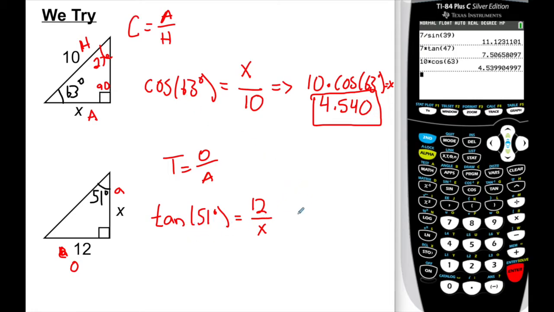So now I'm going to solve. My first step will be to multiply both sides by what? By x. So that cancels. The x comes over here. Then my next step, so I've got x times tan 51 is 12. What's my next step? Divide by the tangent of 51.